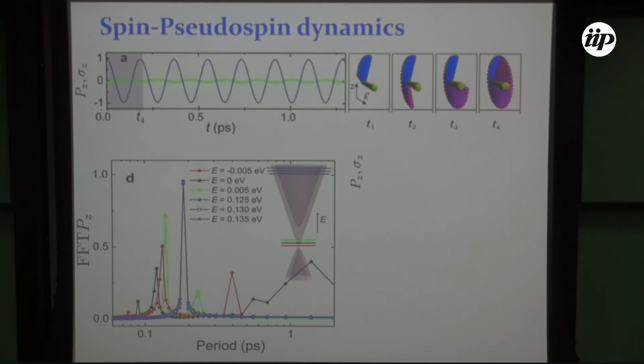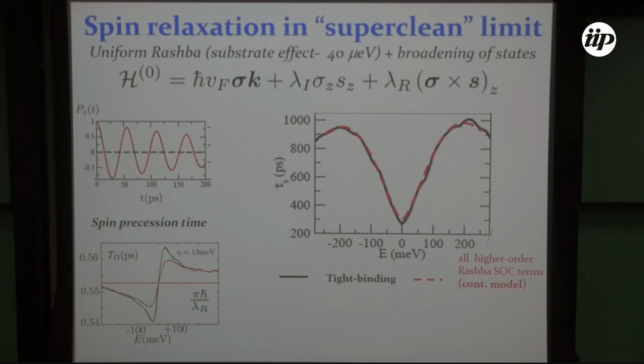So at high energy, your pseudospin dynamics is just fixed to a single precession, but if you go close to the Dirac point, you have a strong dispersion, changing a little bit with your energy because of its entanglement with the spin degree of freedom. Okay, so we went a bit more into the detail, and the very important point is that the spin precession frequency is not constant in energy.